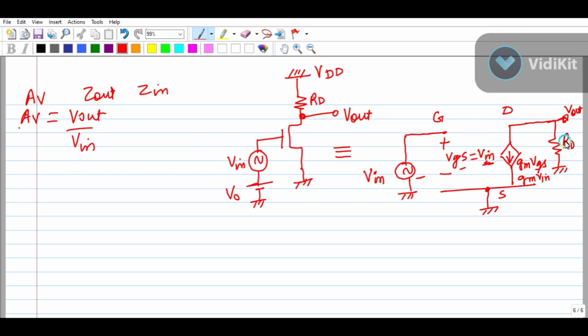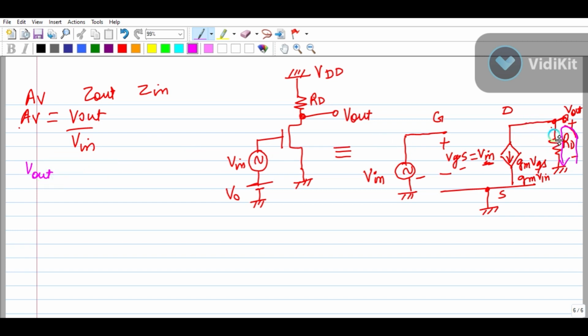To calculate this, you can apply KCL on this node, or you can apply KVL there. I'm taking another color. Okay, there you can apply KVL. So from there to there you are going, so it will be plus V out, right?